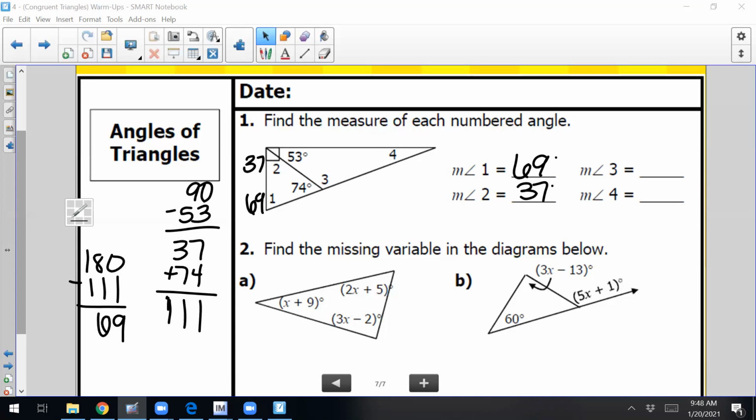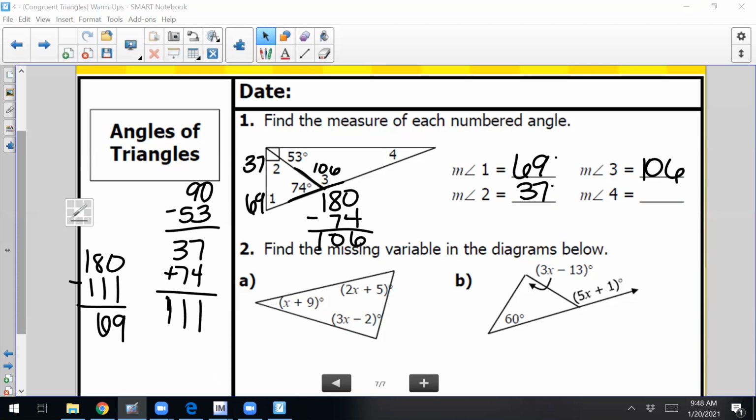Good, because these two are a linear pair. So you've got 180 minus 74, and what's that going to give you? 106. And then how do you find angle 4? Okay, so you know that all 3 of these have to equal 180.